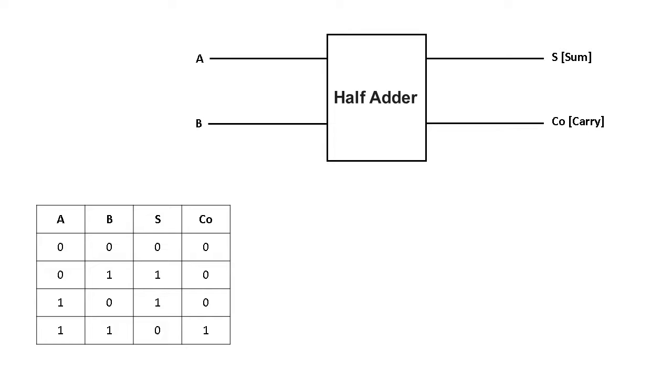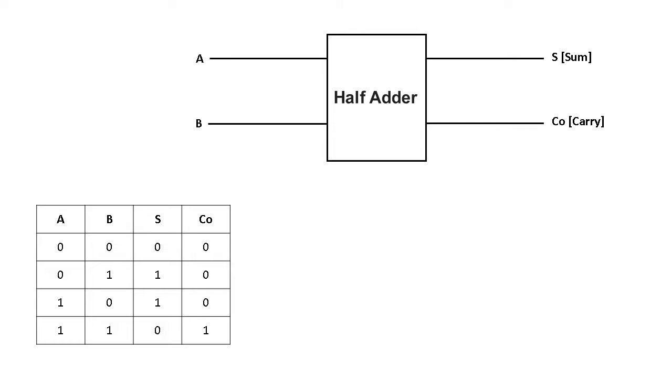So these are the combinations, because there are only two inputs, so there will be four combinations. And you can see in the output there are sum and the output carry. So there are two outputs. You can also observe in the diagram the sum and the carry.